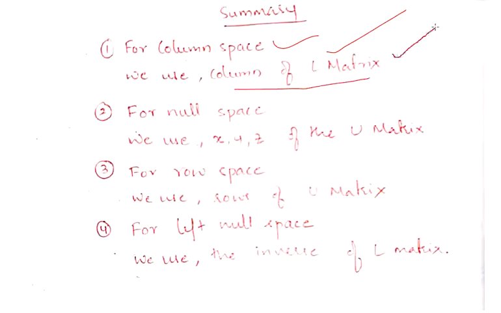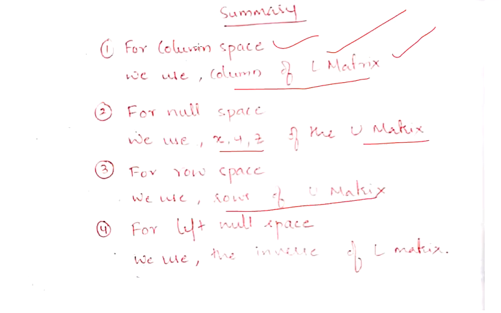Remember, it is referring to the L matrix. For null subspace, we use XYZ of the U matrix. In the U matrix, we put Z equal to 1, which is a free variable, then find out the X and Y values. And for row subspace, we use the rows of the U matrix.